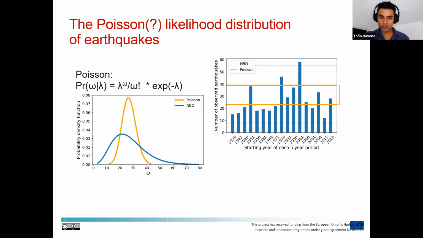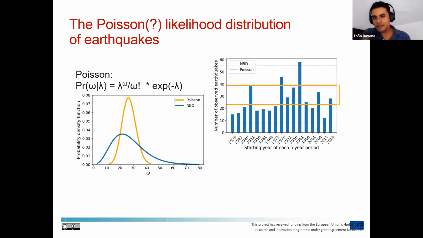On the right-hand side of this slide, I'm showing you the number of earthquakes with a magnitude threshold of 5 or above observed in California in the past 80 years.